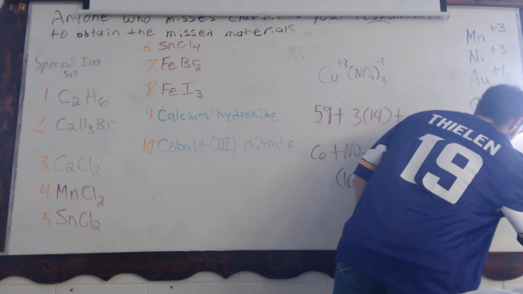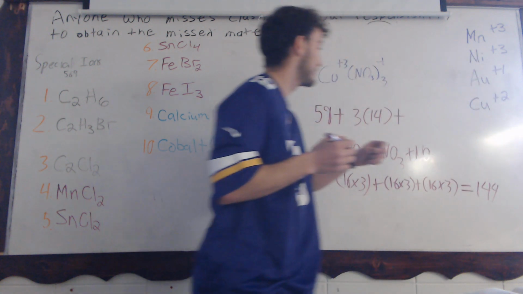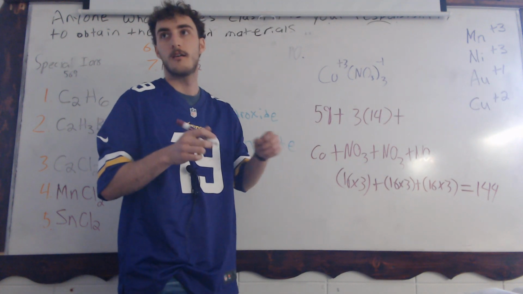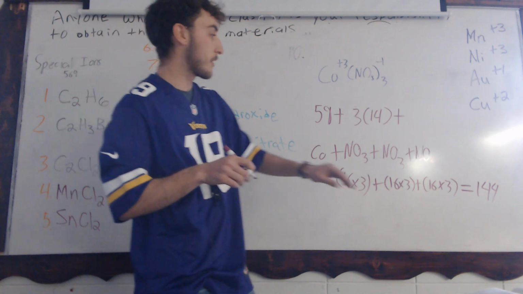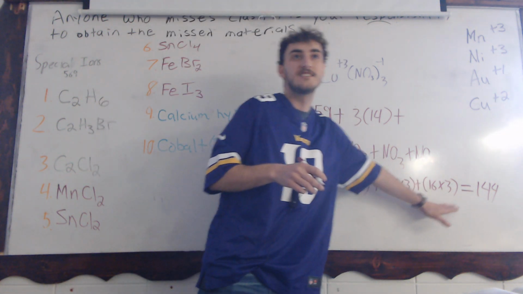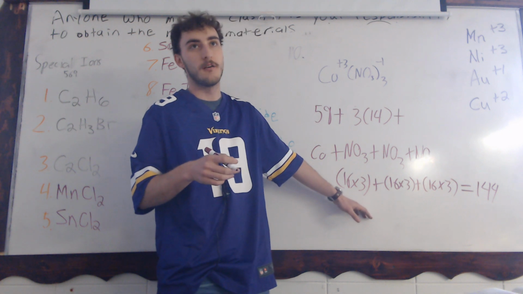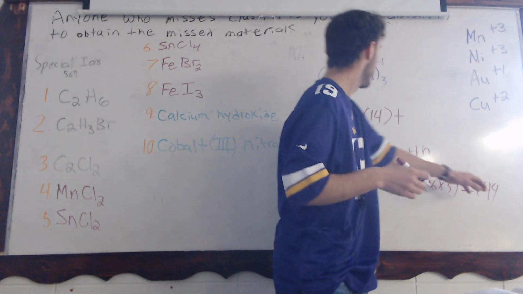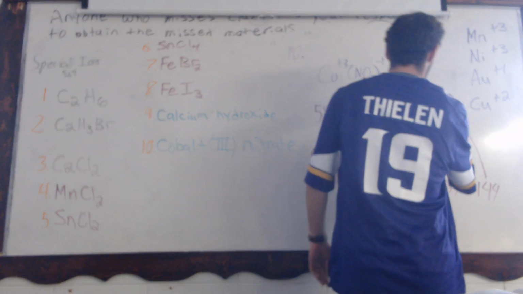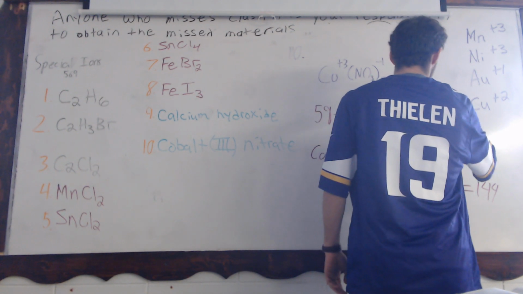That's how many oxygen we have. Okay, so this is only the oxygen in the compound. So now we have to go back and add it to our final problem.